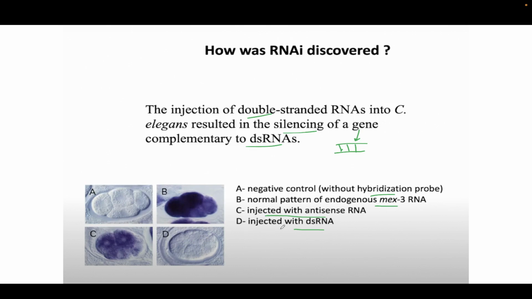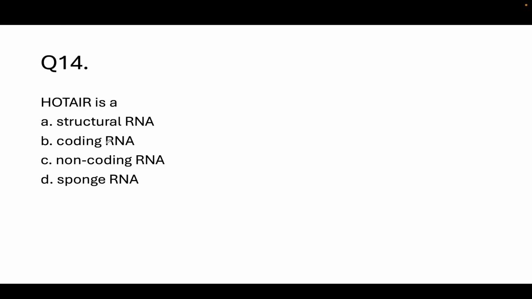In case of antisense RNA, we can observe lesser expression, but when we inject a double-stranded RNA, it will completely silence the particular gene which we want to suppress. Okay, MEX3 RNA. Got it? So this is the mechanism of how it got discovered.